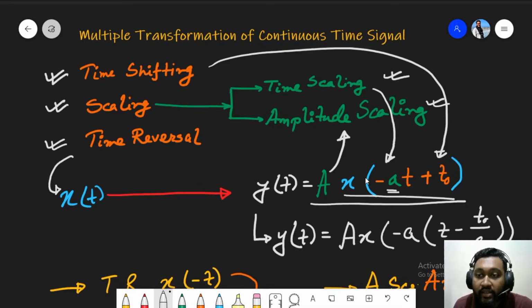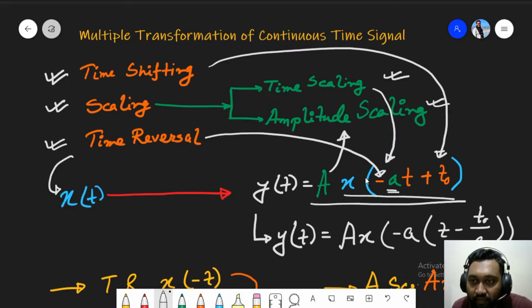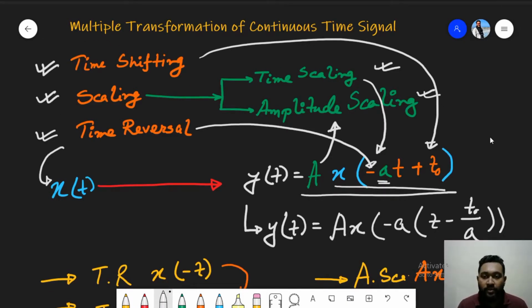There's one important transformation also happening here, that is time reversal, as we have seen that there is a negative, minus of a t, so you will need to do time reversal on this signal. So to get y of t, our modified signal, we need to perform amplitude scaling, then time scaling, time shifting, and time reversal on x of t to finally get our y.